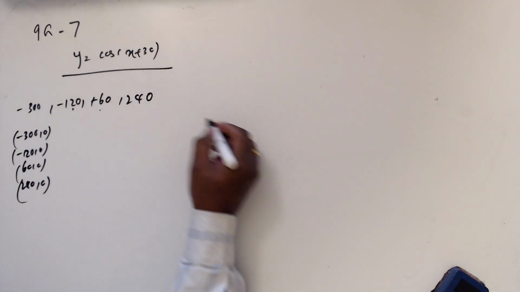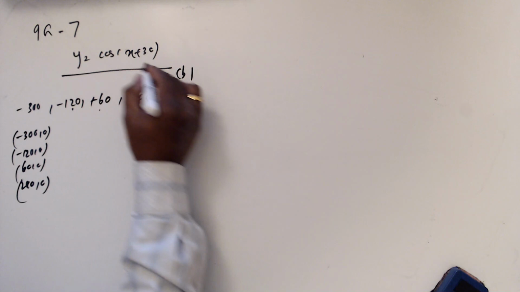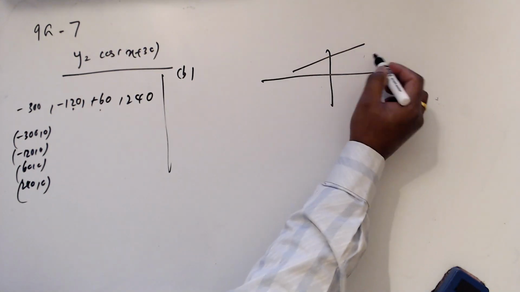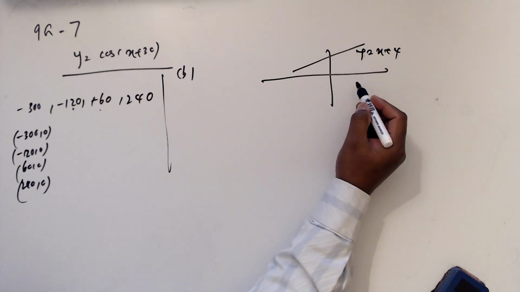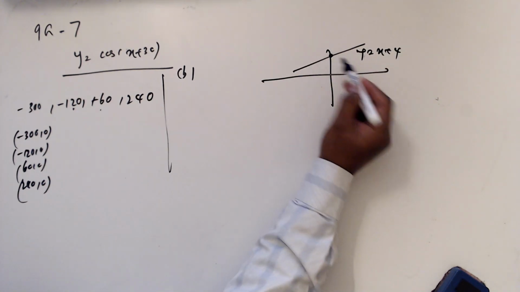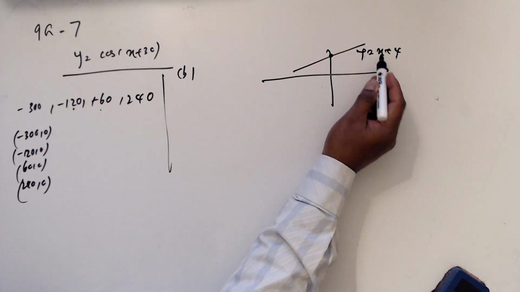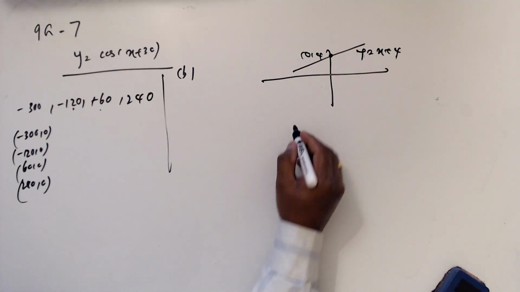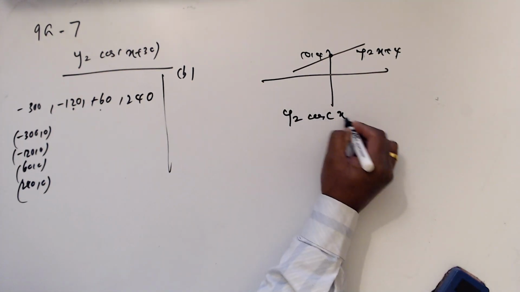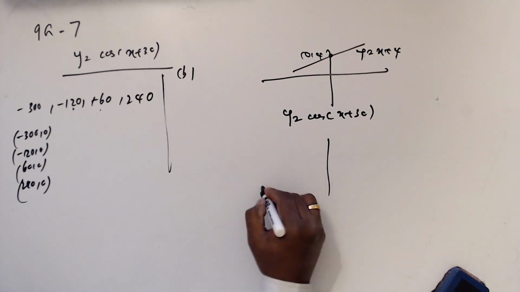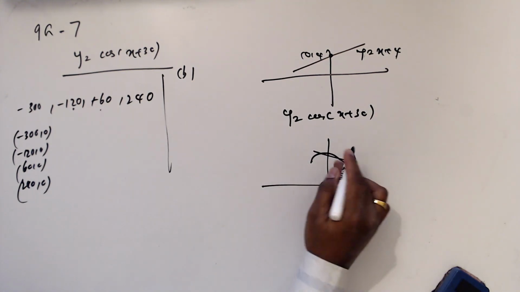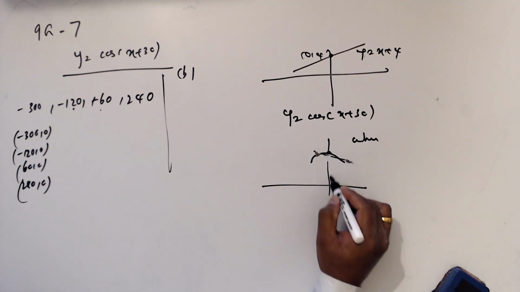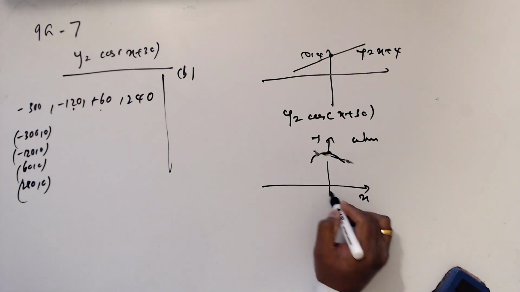Now we need to find part B. The curve crosses the y-axis. Assume this is a line, y equals x plus 4. How do you find where the curve crosses? We know this is 4, because when you put x value as 0, you will get 4. So the same thing for the y equals cos(x + 30) curve.